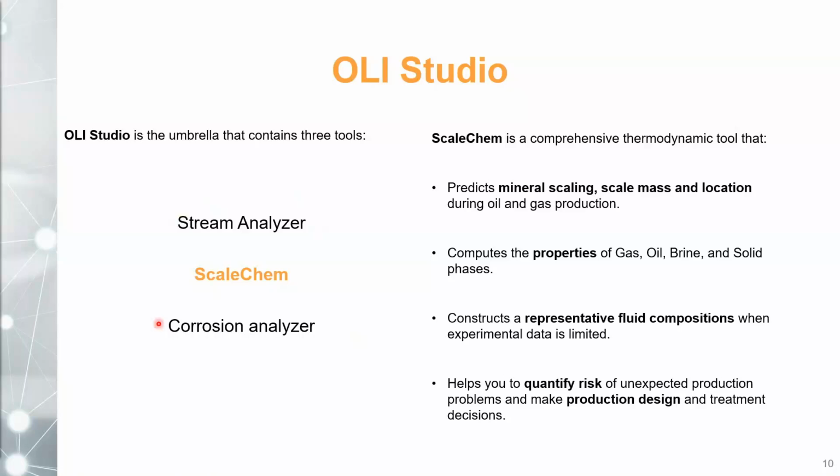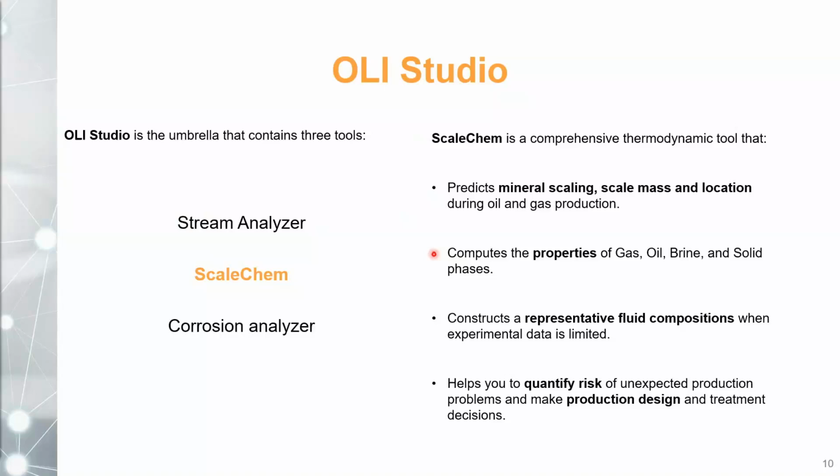But today we are going to talk only about ScaleChem. The ScaleChem tool is a comprehensive thermodynamic tool that, like I mentioned before, helps us to predict mineral scaling, the scale mass, and location during oil and gas production. In this software, you can also enter different analyses, such as gas analysis, oil analysis, brine analysis, and also saturate with solids.